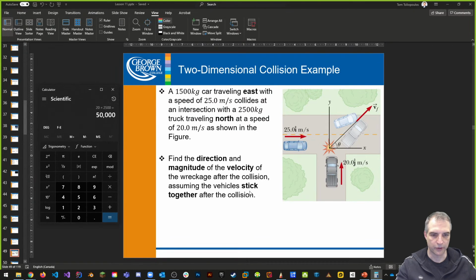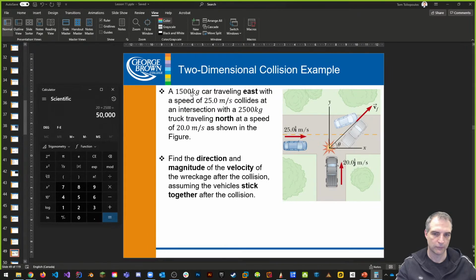Guess what? There's more momentum going up across the y-axis than there is across the x-axis to the right, which means the system is going to go more forward than to the right. Why? The mass of the car is much smaller.